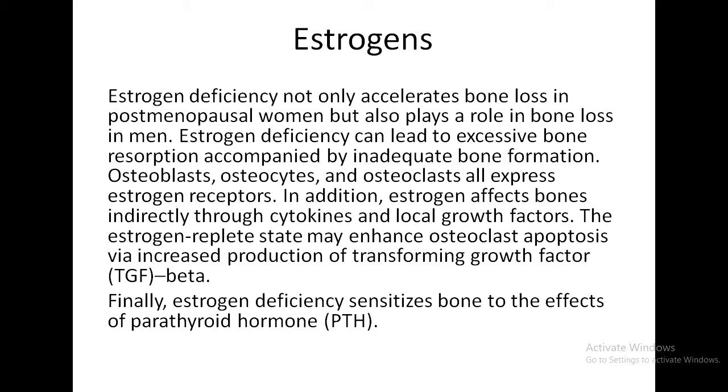So estrogen deficiency will cause bone resorption. Osteoblasts, osteocytes and osteoclasts have estrogen receptors. In the estrogen replete state, it will enhance osteoclast apoptosis through TGF beta. In the estrogen deficiency state, it will sensitize bone to the effects of PTH.